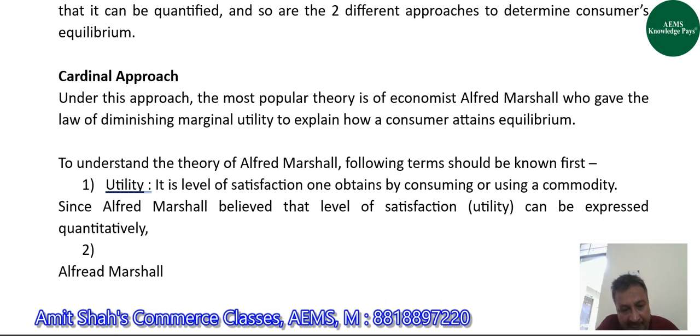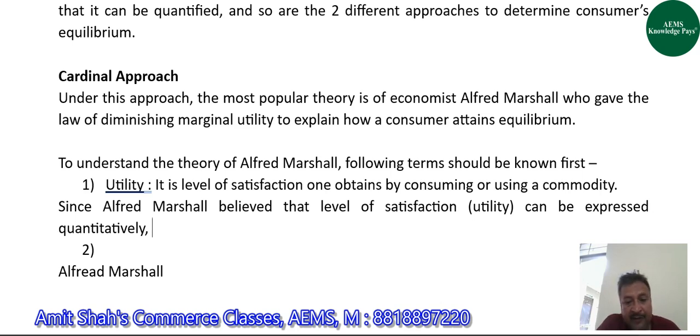whenever we express something quantitatively, we should have a unit of measurement. For example, if I have to quantify length, I must have some unit of measurement, which is either feet or meter or kilometers or miles or something else.